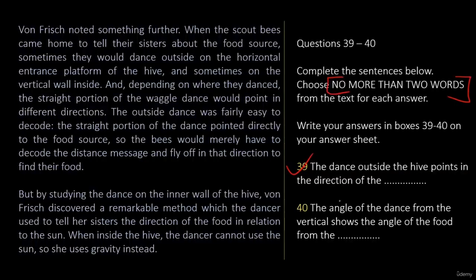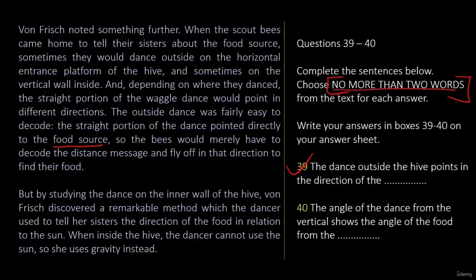Now if you look at this one, the dance outside the hive points in the direction of the answer, which is here: food source. The outside dance was fairly easy to decode. The straight position of the dance pointed directly to the food source. The instructions say no more than 2 words.